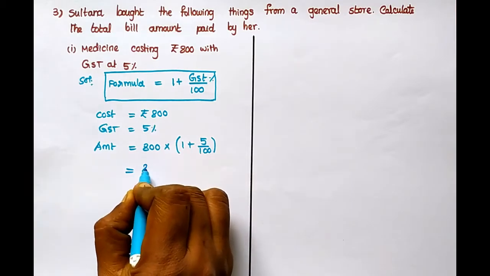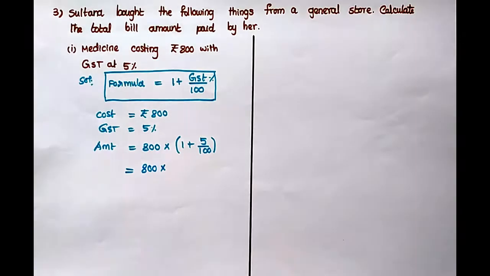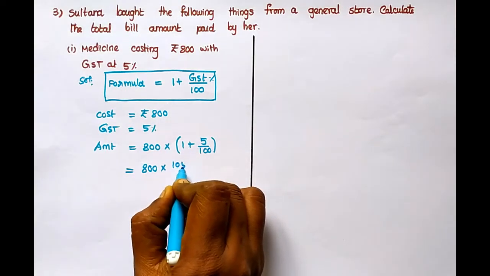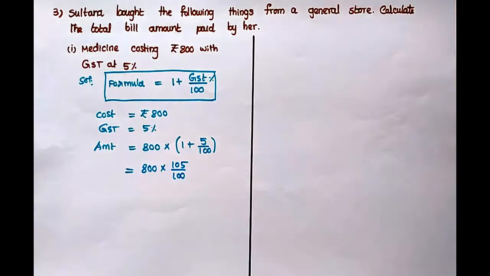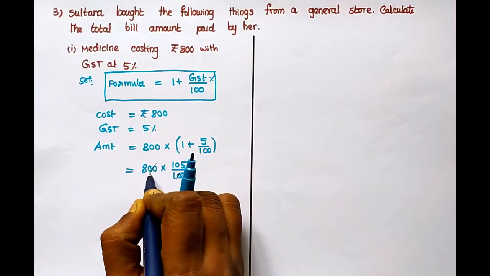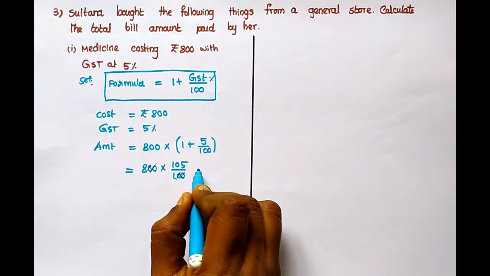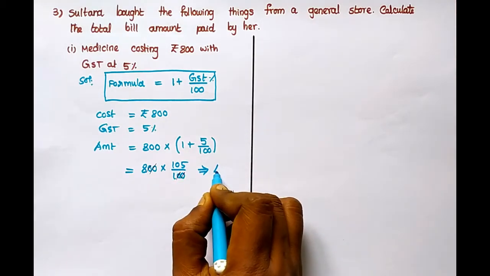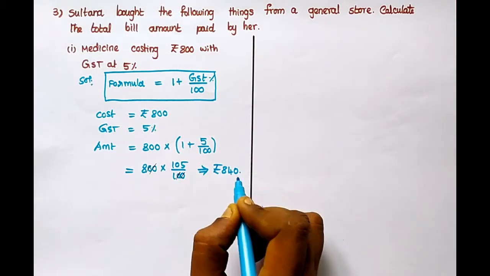Now 800 into 100 plus 5, 105 by 100. Now the cancellation 0, 0. So we get 8 into 105, 840.